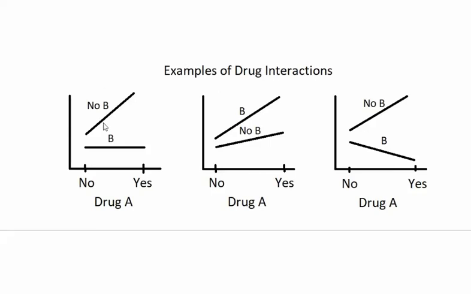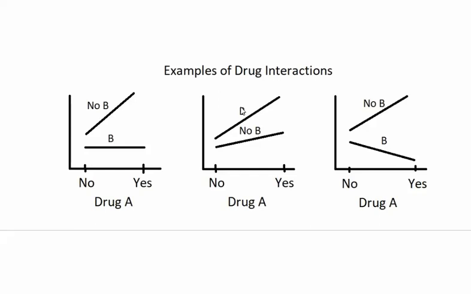At the left end, we have an interaction in which drug A has an effect when drug B is not taken, and when drug B is taken, drug A has no effect. So drug B cancels out the effect of drug A and makes drug A useless.